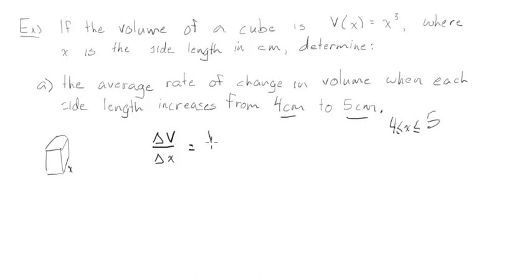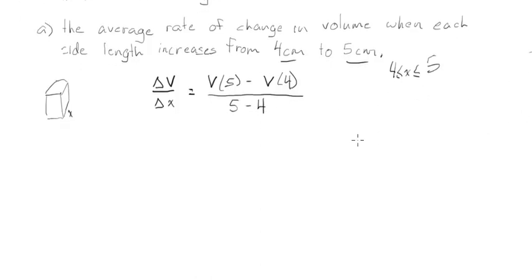So we want the volume at 5 centimeters minus the volume at 4 centimeters, divided by 5 minus 4 centimeters. The volume at 5 centimeters is just 5 cubed, minus the volume at 4 centimeters, which is 4 cubed, all over 1.